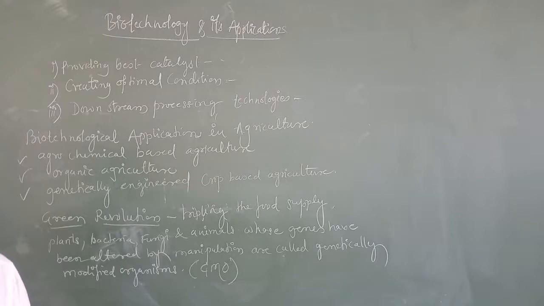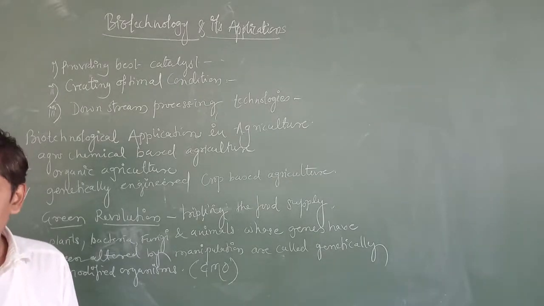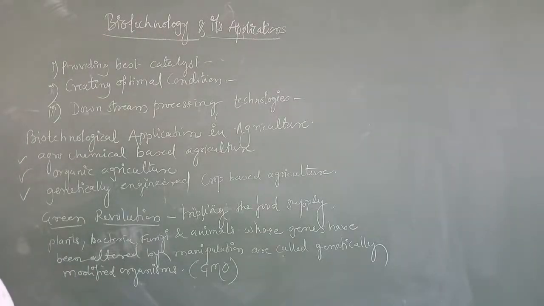The last concept we discussed in Biotechnology Principles and Processes is the process of recombinant DNA technology. In that, isolation of genetic material, next cutting the DNA at a specific location, amplification of the gene of interest using PCR, polymerase chain reaction, insertion of recombinant DNA into the host organism, obtaining the foreign gene product, and the last one is downstream processing.